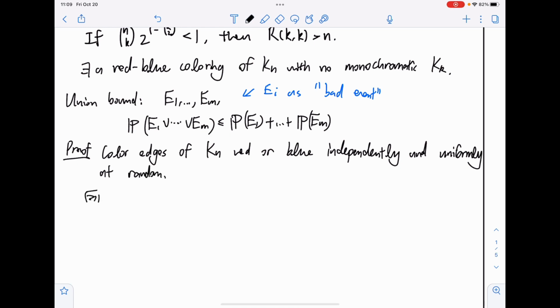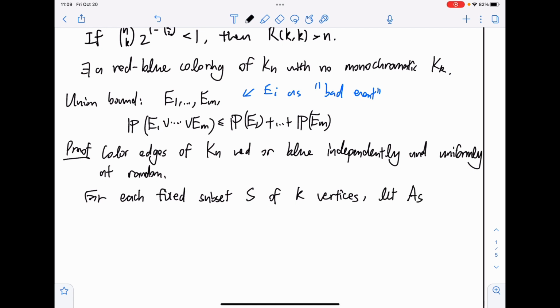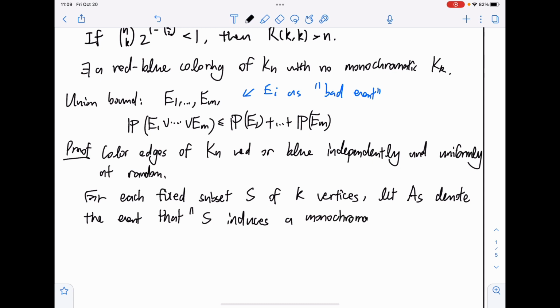Then for each fixed subset, let's say S, which has k vertices, of course S is a subset of the set of vertices, we let A sub S denote the event that S induces a monochromatic K sub k, a monochromatic complete graph on k vertices.